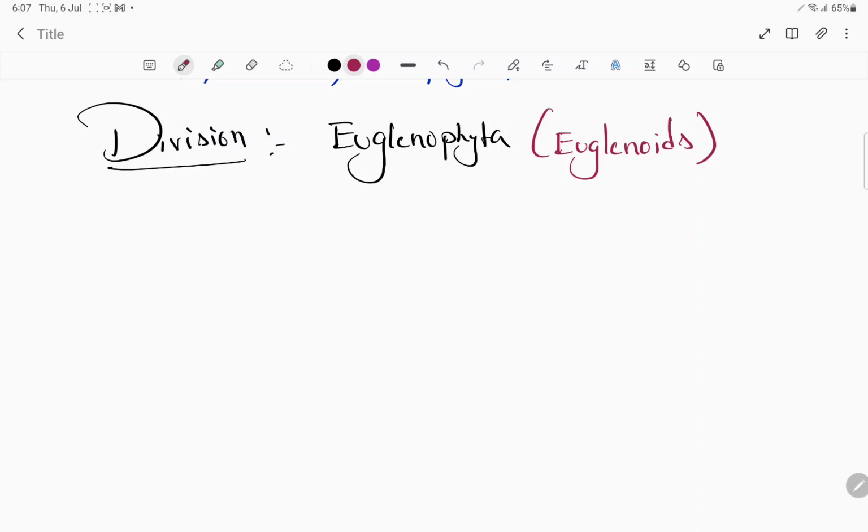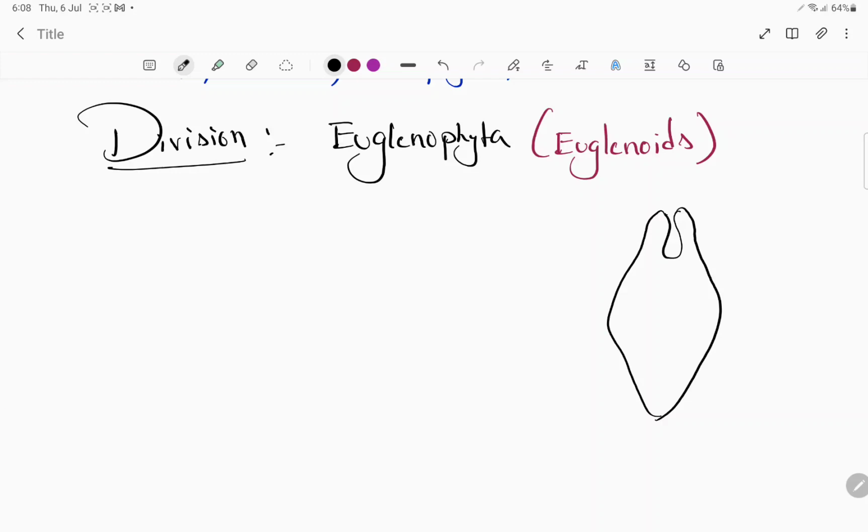So let's see the diagram. This is Euglena, and you have two flagella.